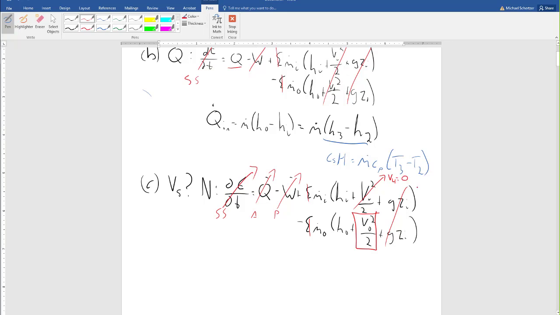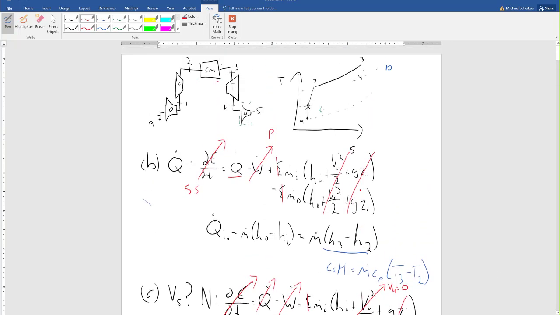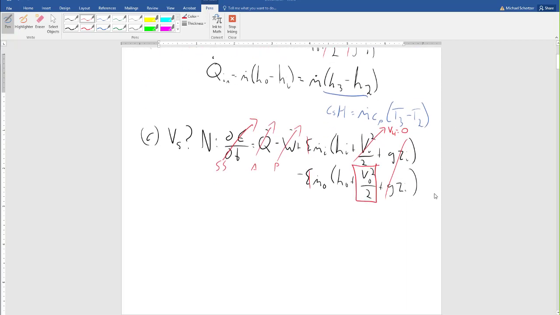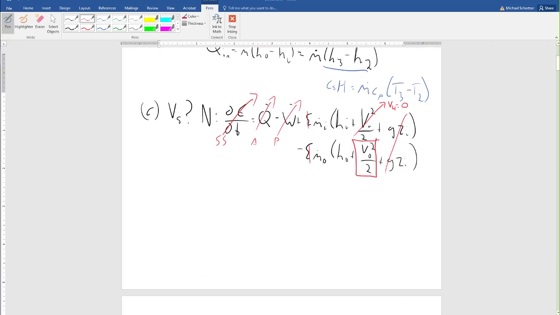The way that I remember this is that the kinetic energy is only important at the inlet and the outlet. It doesn't matter in the middle. So for any state that touches the Brayton cycle, the kinetic energy doesn't matter. Now, if I do this, 0 is equal to, and there's only one mass flow rate.